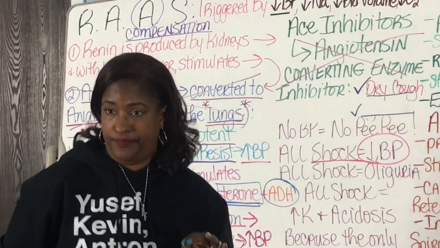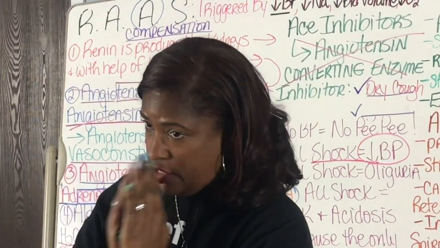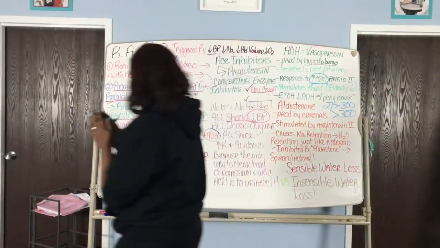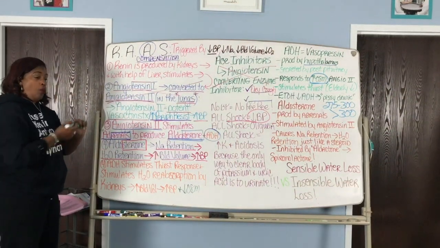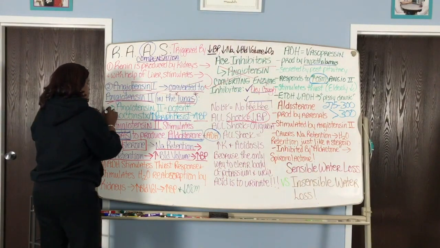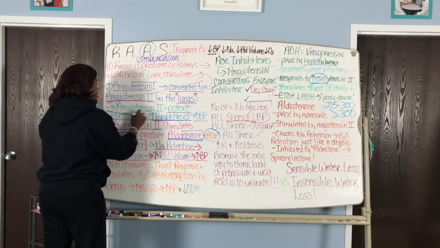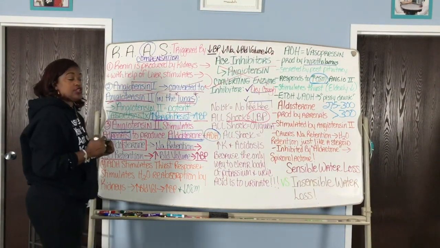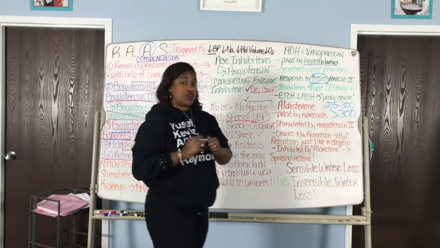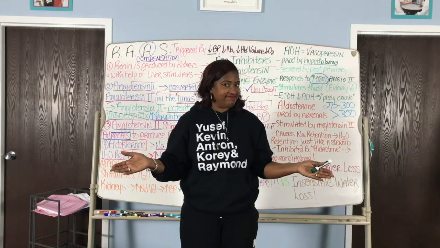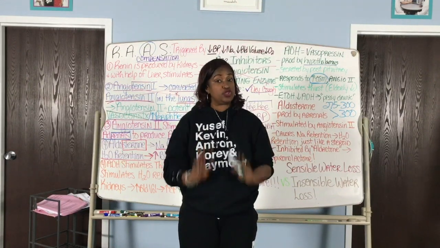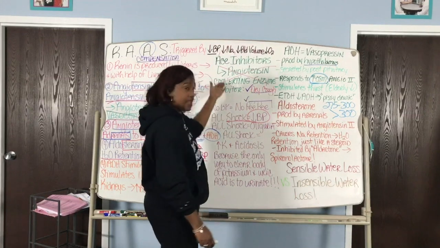By the way, it's such a big deal that you remember what A2 did. Because if I don't have any A2, wow, I don't have any vasoconstriction. If I don't have any vasoconstriction, the opposite would be vasodilation, which means my blood pressure will drop. Who takes an ACE inhibitor?